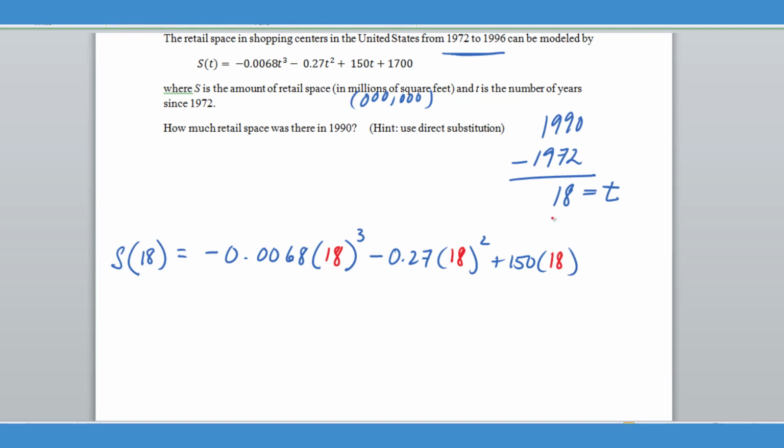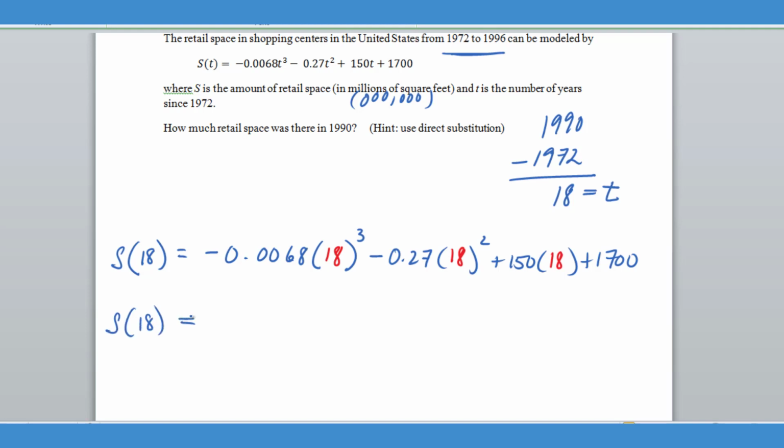And again, I'm using parentheses all the way through just to stay consistent. And then plus 1700. Now that we have this long polynomial, what I want you to get in the habit of doing is just punching this straight into your calculator. If you're having trouble getting the correct answer, doing this in one entry line, do it a piece at a time. Make sure you get the right answer, but practice this and make sure that you can do this correctly before you try to do it on the test.